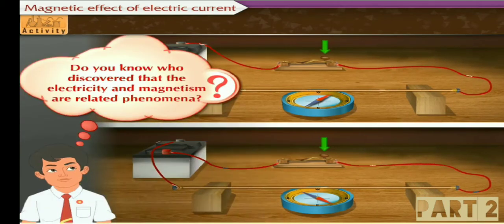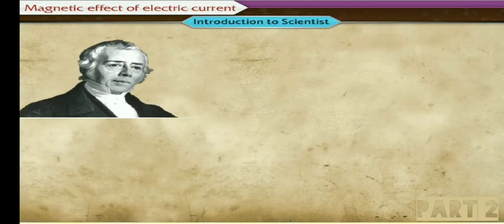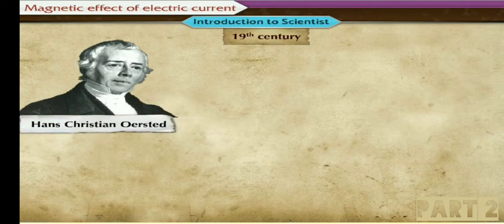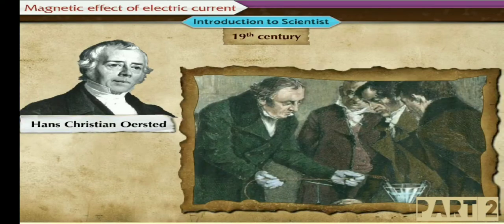But do you know who discovered that? Come, let us know about it. Introduction to Scientist. As a scientist at the forefront in the 19th century, Hans Christian Ørsted played an important role in understanding electromagnetism.